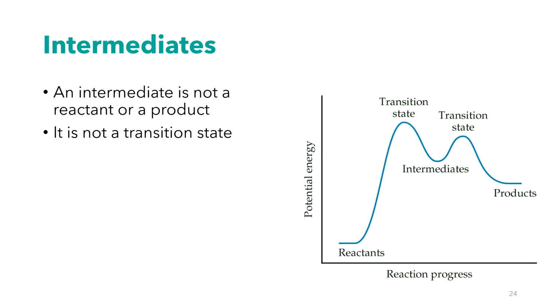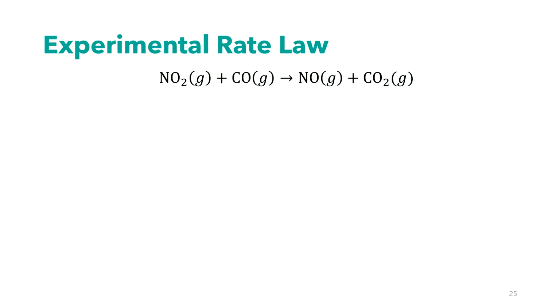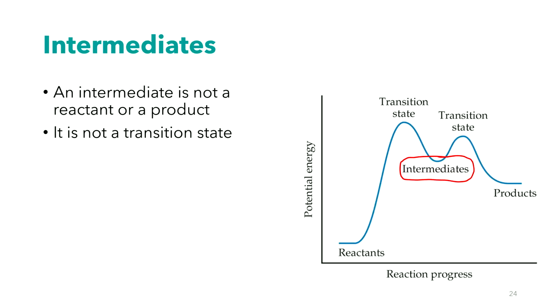It's not a reactant, it's not a product, and it's not a transition state. It's this special spot right here, right? That's a local minimum. We want to say a couple more things about it. We know they appear along the reaction pathway.